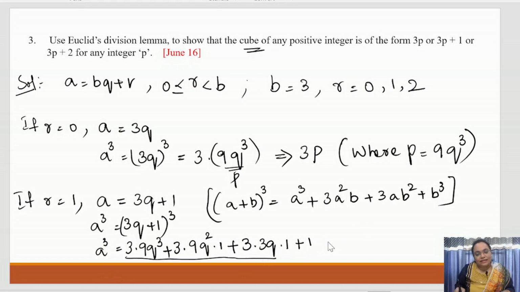In this, if I take 3 common, okay, if I take 3 common, you will get 3 into 9q cube plus 9q square plus q, and then plus 1.